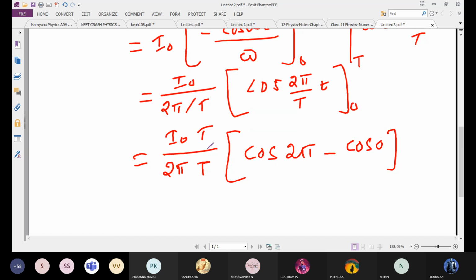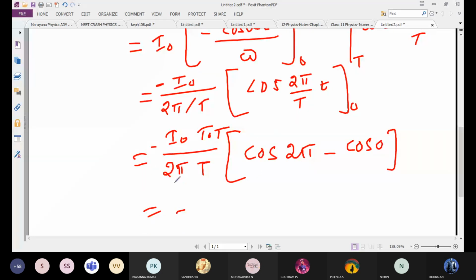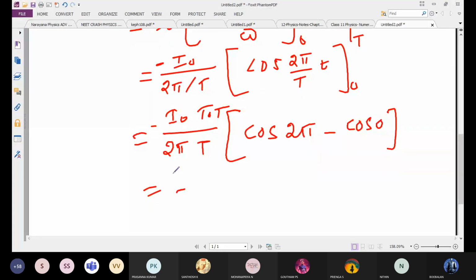One more T will come. So T cancels, you will get minus I naught T divided by 2 pi, cos 2 pi minus cos 0.